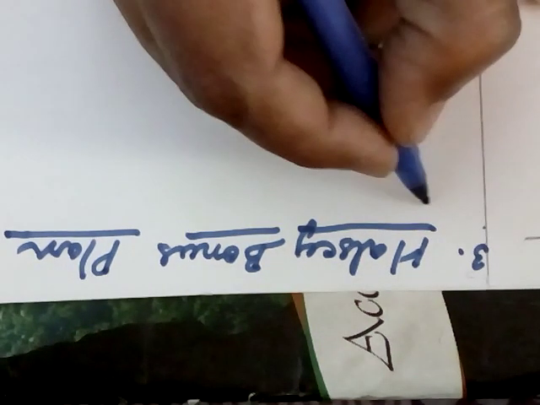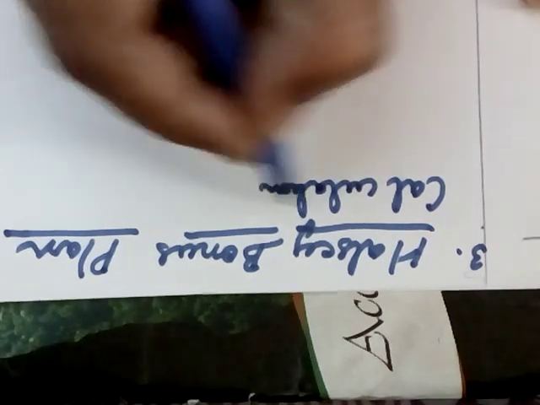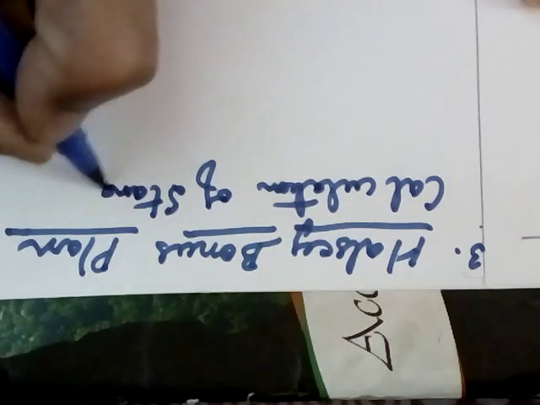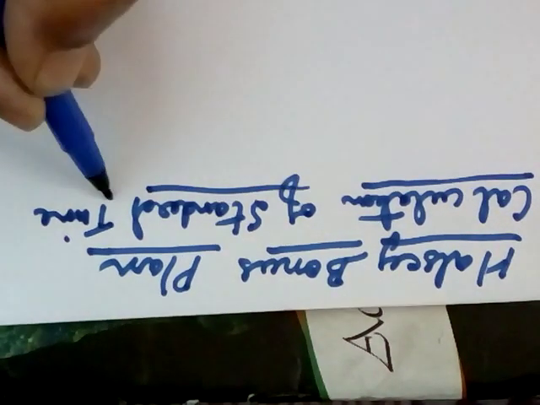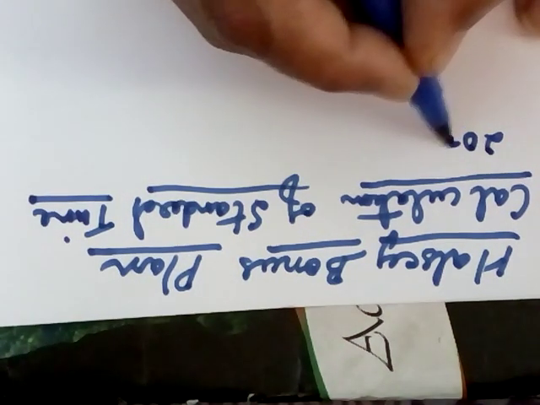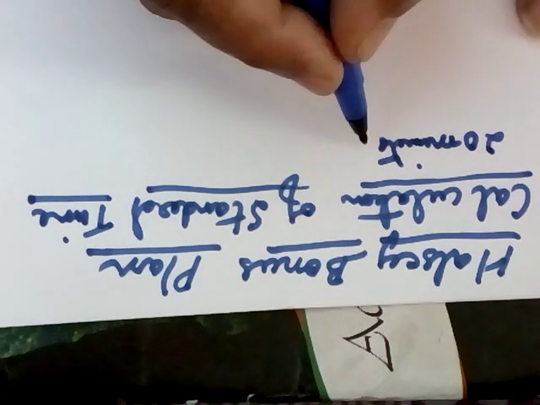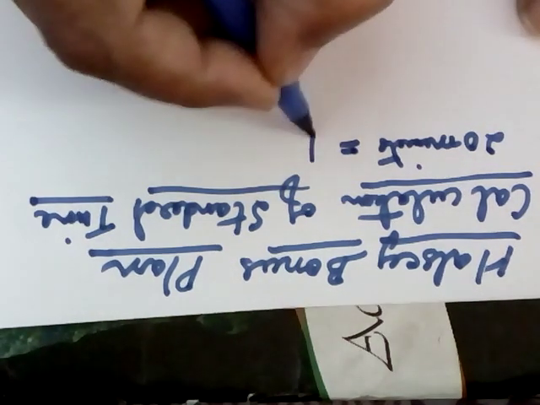First is the calculation of standard time. Here it is 20 minutes for production of per unit.